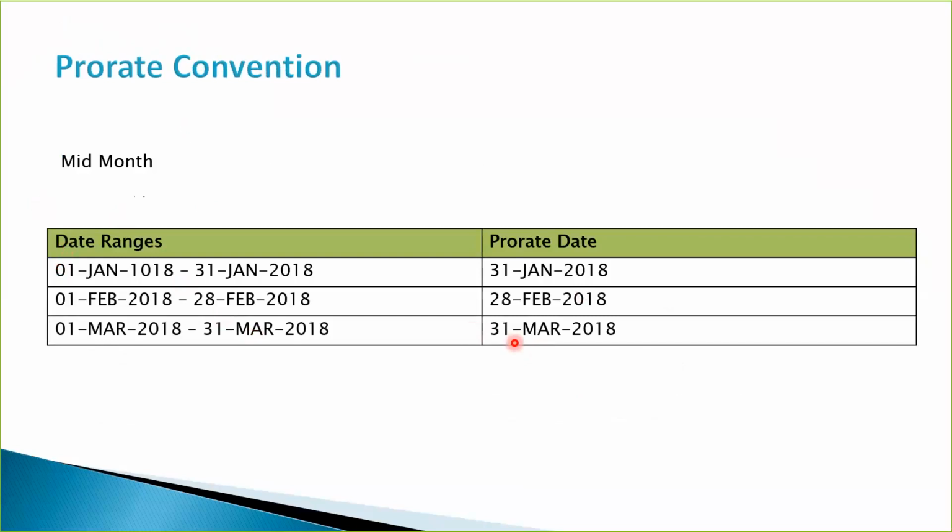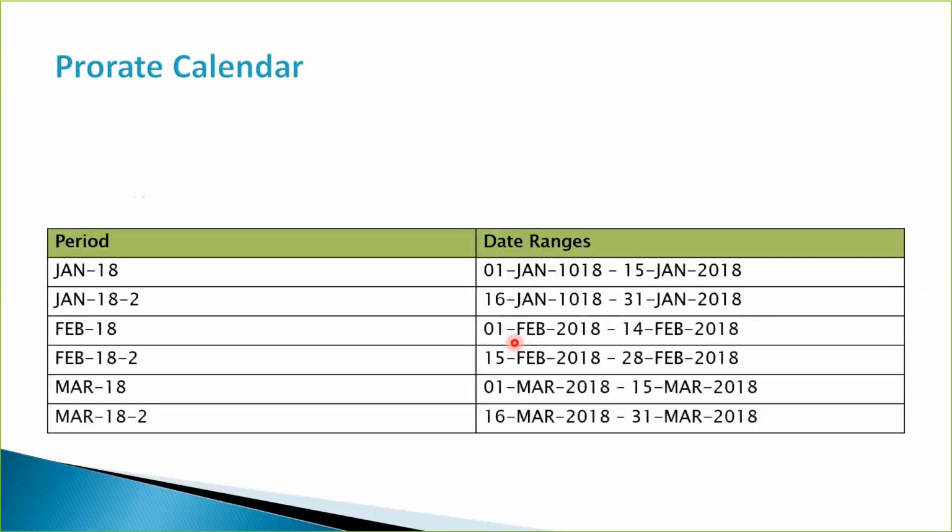So this prorate date, the system will go and check the prorate calendar, and it belongs to this period here, March number 2. Therefore, the depreciation that will be calculated for that first period, which is March, will be just from 16th of March through to 31st of March.